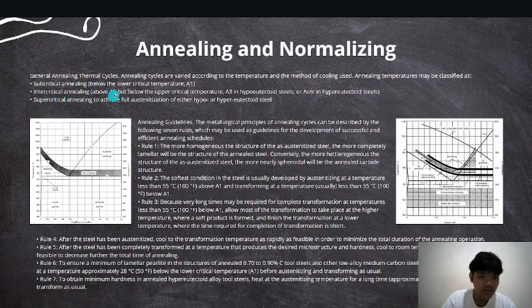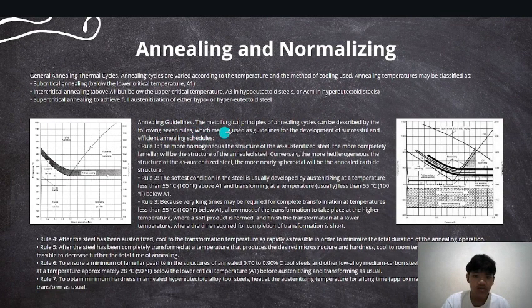Intercritical annealing above A1 but below the upper critical temperature, A3 in hypoeutectoid steel or ACM in hypereutectoid steels. 3. Supercritical annealing to achieve full austenitization of either hypo or hypereutectoid steel.